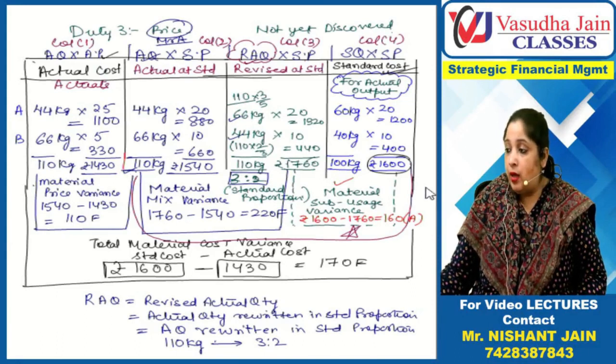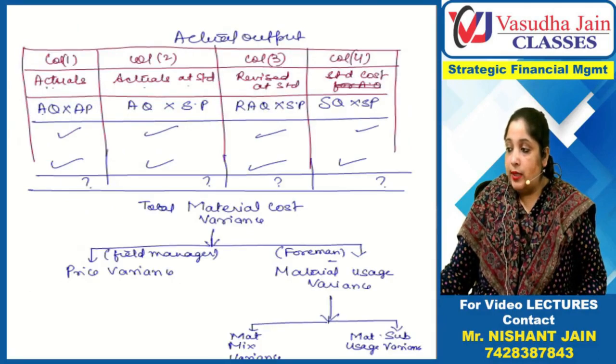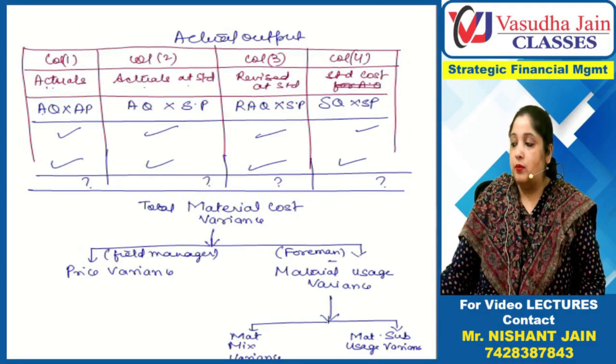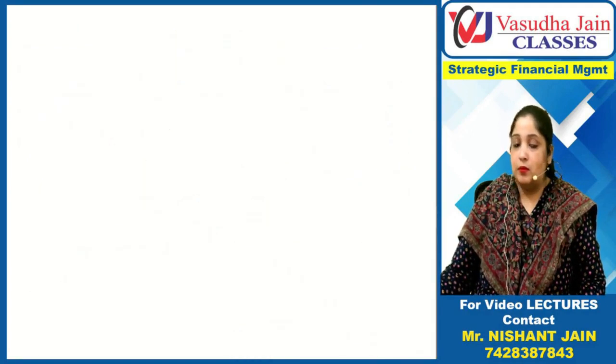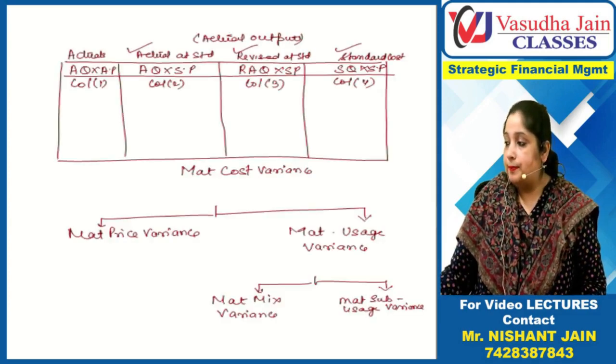Do we have to do it from here? No. You just have to prepare 4 columns. Then there is a trick. What is the trick?